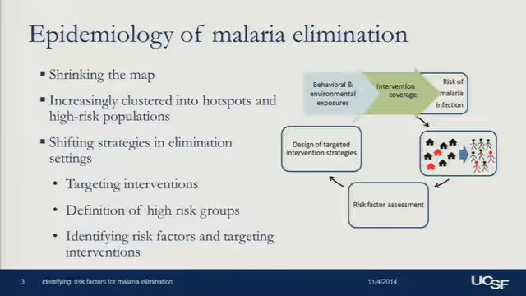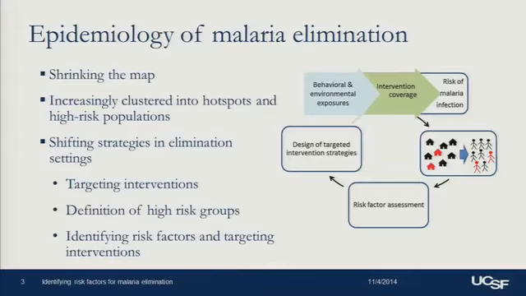As strategies shift from control settings to elimination, we want to target interventions and move from a population-based approach to a more targeted individual approach. And similarly, we're moving from defining broad categories of risk groups to a more local definition that recognizes the complexity of risk factors in different settings.